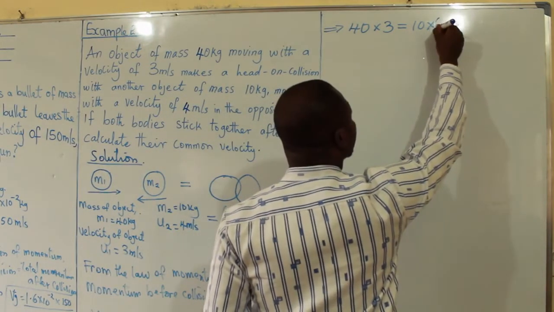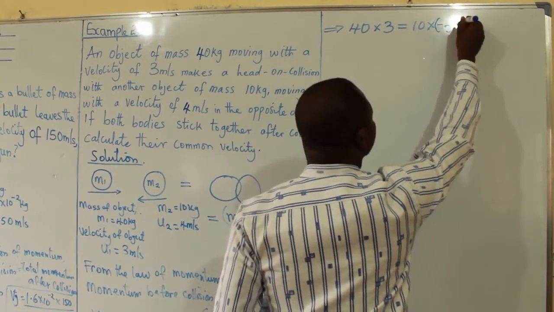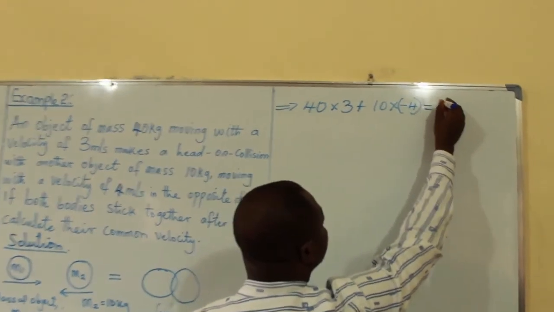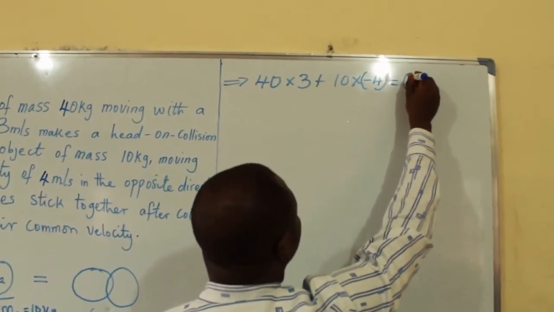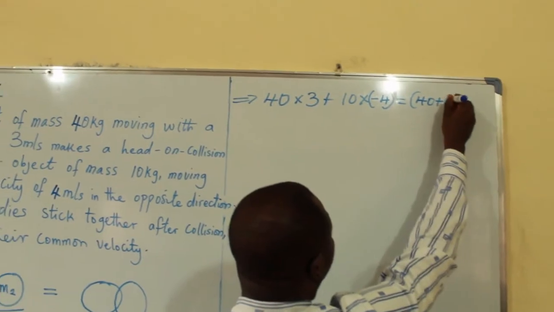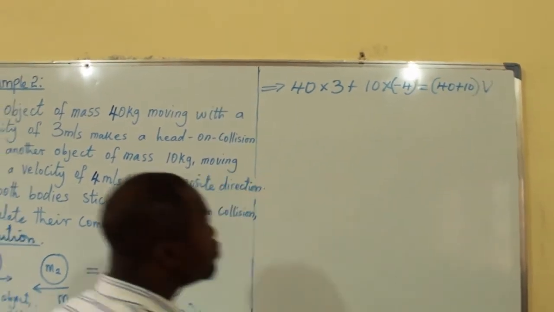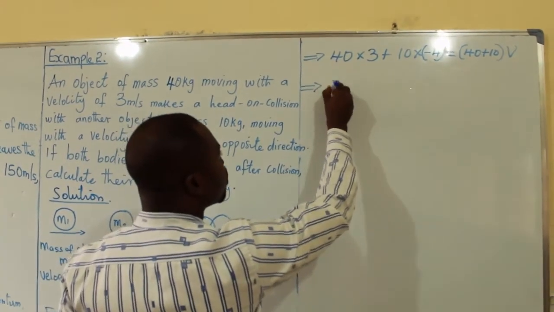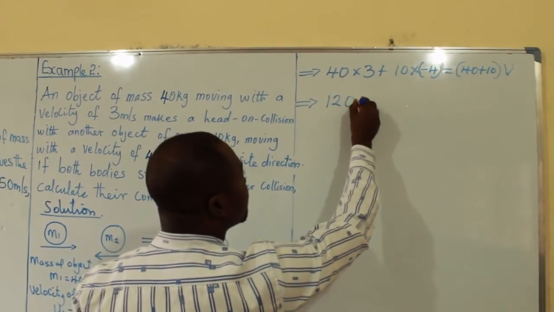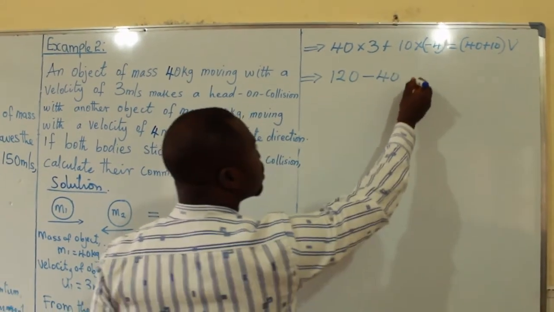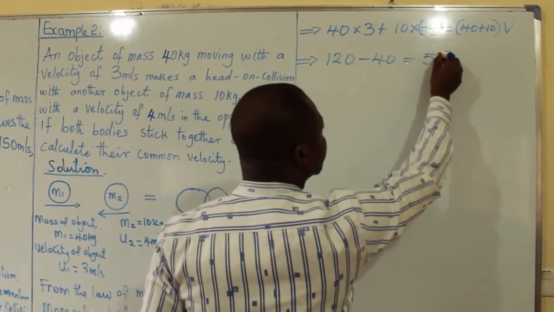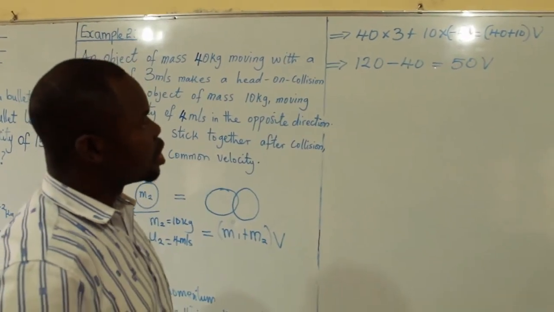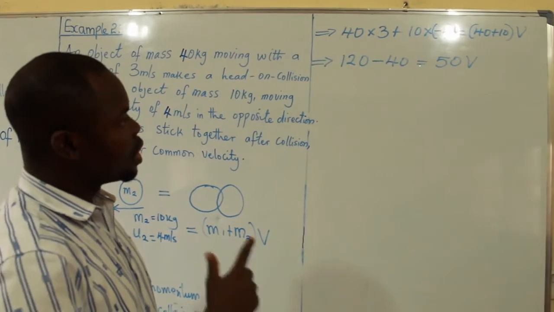So we have -4. So we have this plus this equals bracket 40 plus 10, then v, where v is the common velocity. So from here we have 120 minus 40 equals 50v. 10 plus 40 gives you 50 and then v.